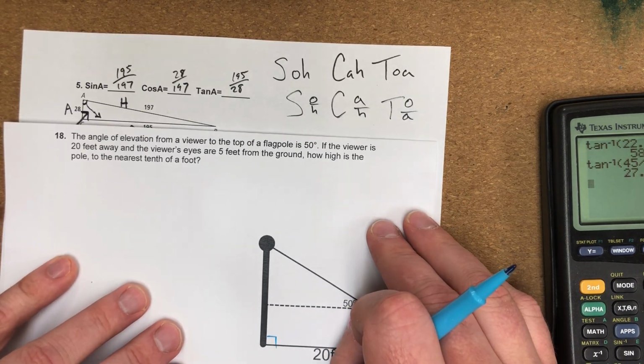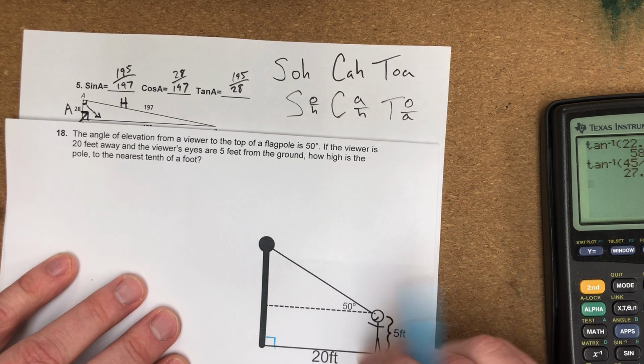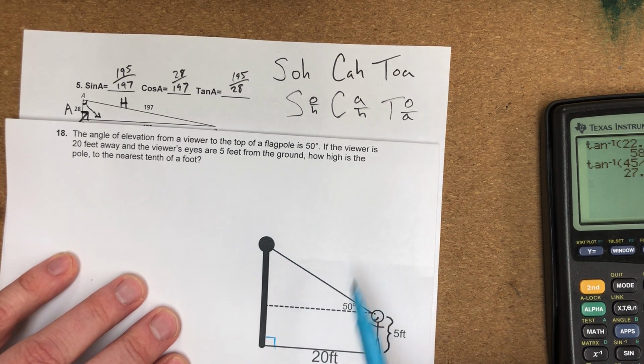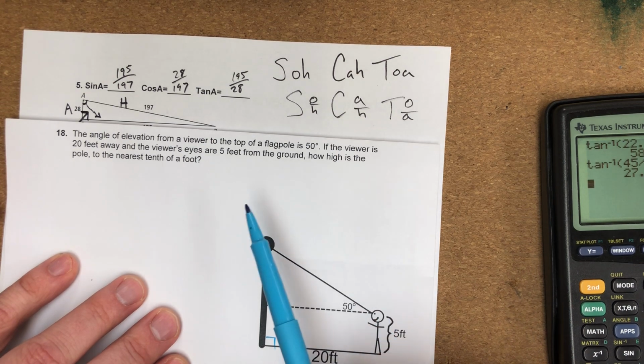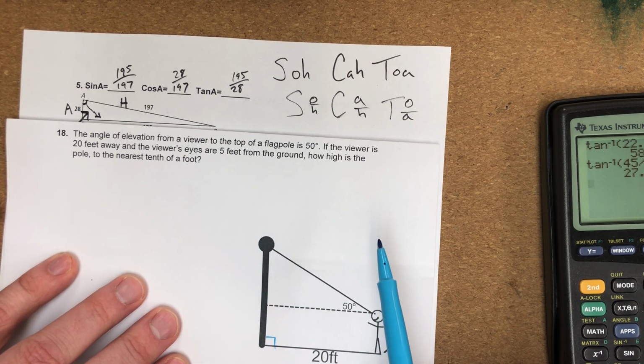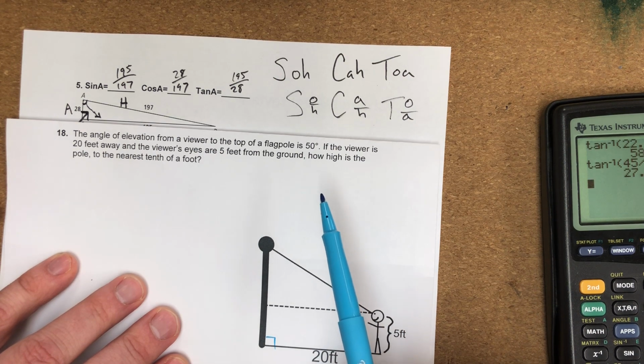The angle of elevation from a viewer to the top of a flagpole is 50 degrees. If the viewer is 20 feet away and the viewer's eyes are 5 feet from the ground, how high is the pole to the nearest tenth of a foot?